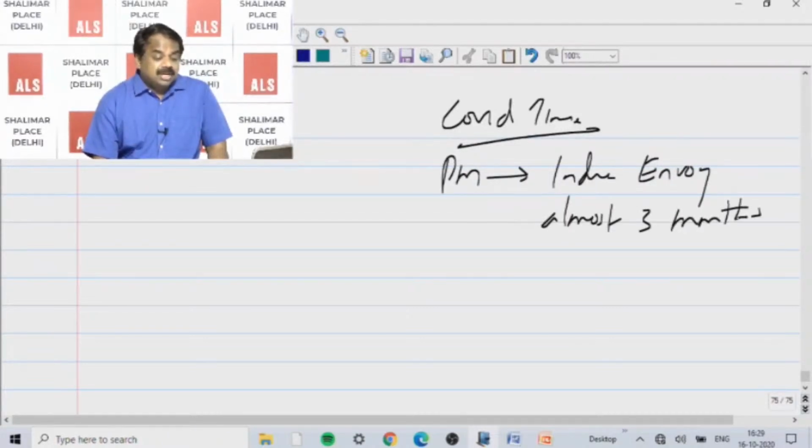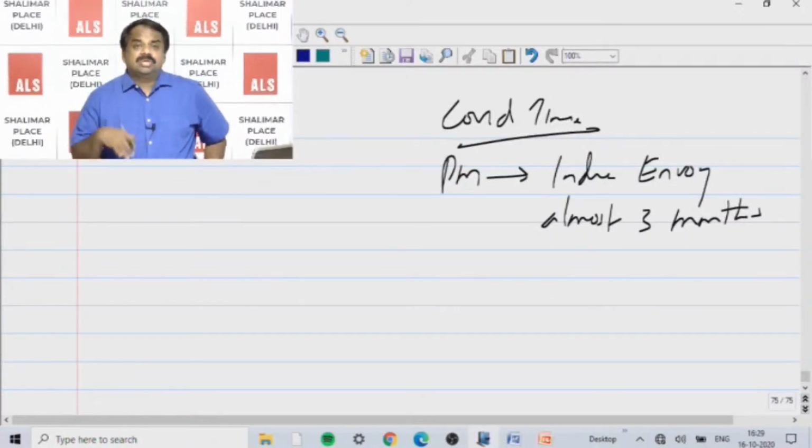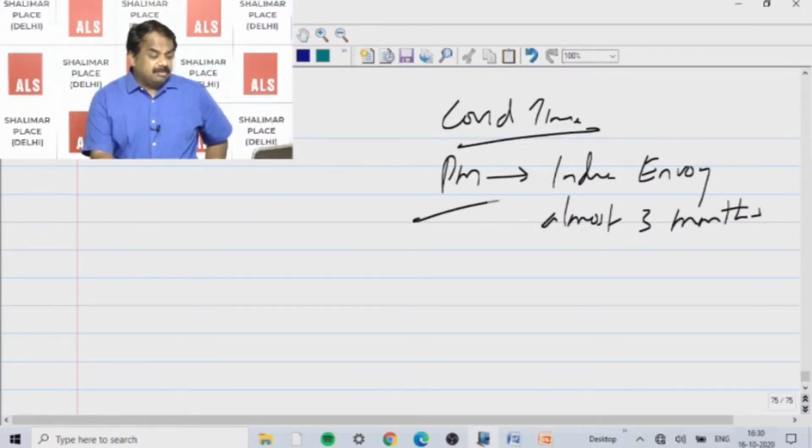This news item came in the newspapers. Even though, according to the Bangladeshis, there is no such truth, because in general, because of COVID, she was not meeting anybody, including the Indian envoy. That is what they claimed.